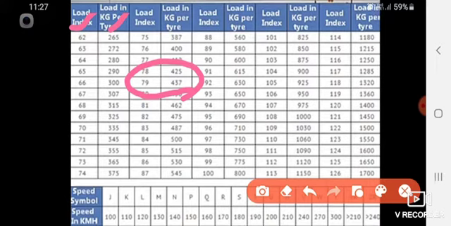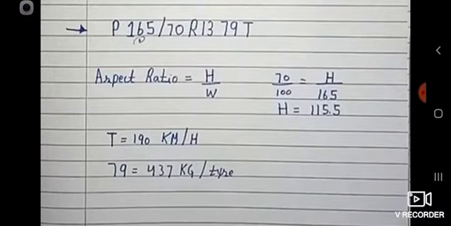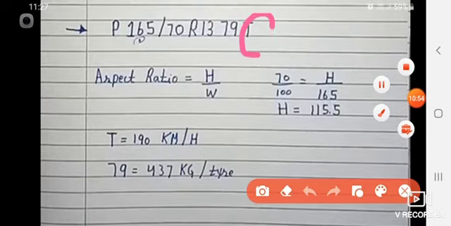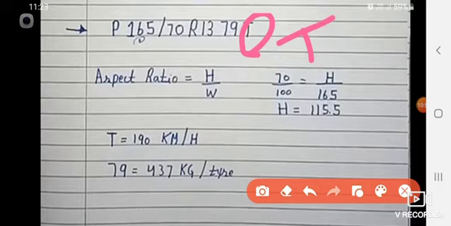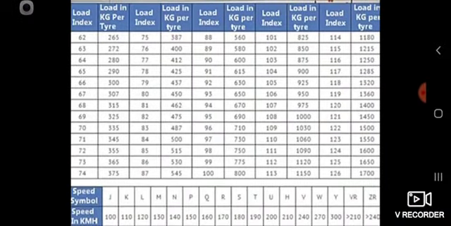Understood? Then next is this T, the last letter is T. So T indicates what? T indicates the tire speed. This tire speed is again calculated from a standard catalog.